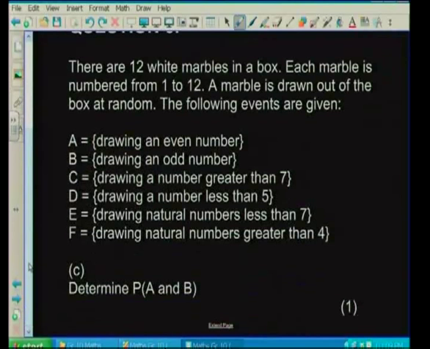Right, let's have a look at our next question. The next question, still dealing with the same issue, talks about the probability of getting A and B. So now it's our U upside down, and we are talking about the intersection. Now, if two events are mutually exclusive, as they are here, there will be no intersection. As we said already, you cannot be odd and even at the same time.